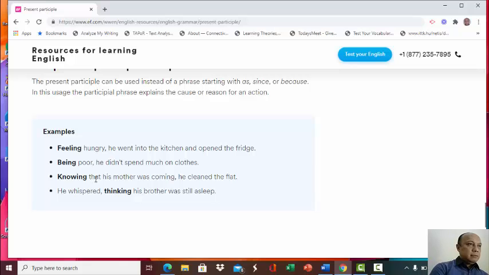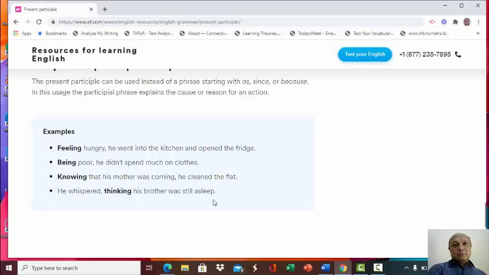Knowing that his mother was coming, he cleaned the flat. Because he knew that his mother was coming, he cleaned the flat. So this is again present participle. He whispered, comma, thinking his brother was still asleep. He whispered because he was thinking that his brother was still asleep. That's the full sentence, but you can shorten it.